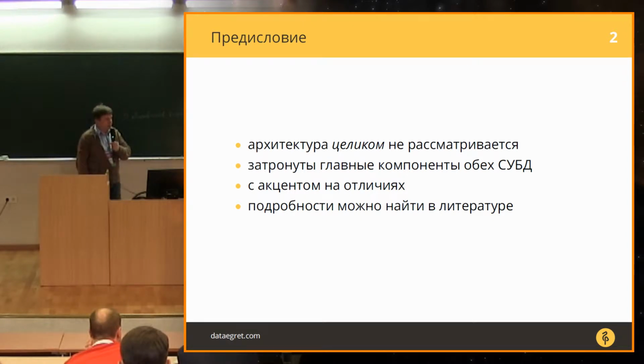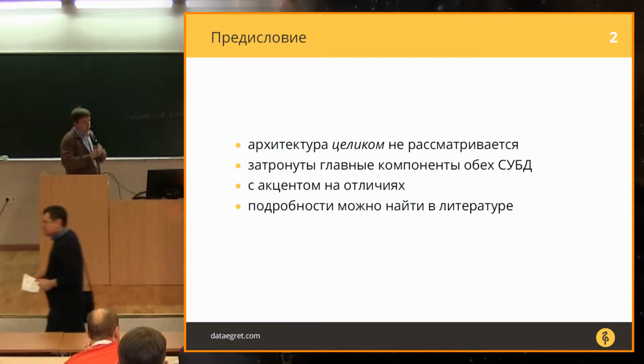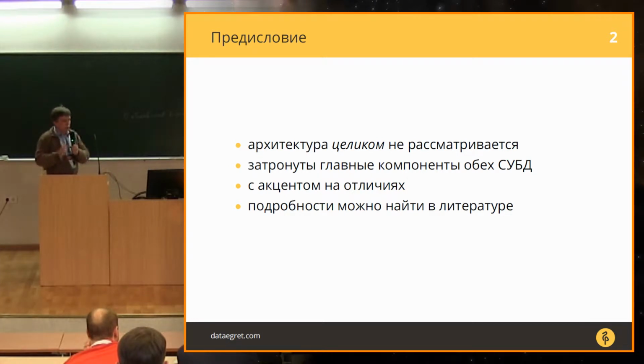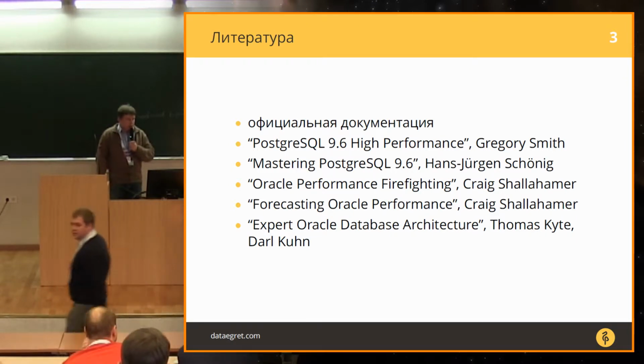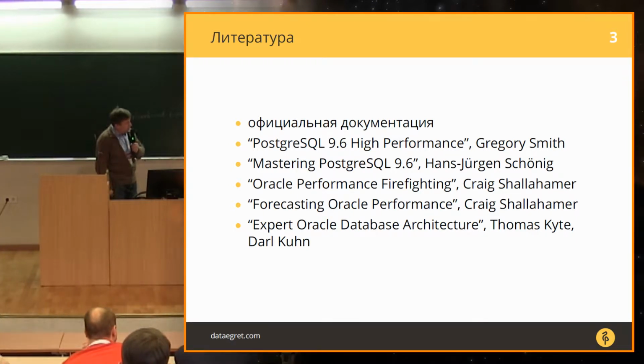I will not be able to overview the architecture as a whole. We will just touch on the main components, and hopefully it will be a starting point for your future studies of literature and official documentation.